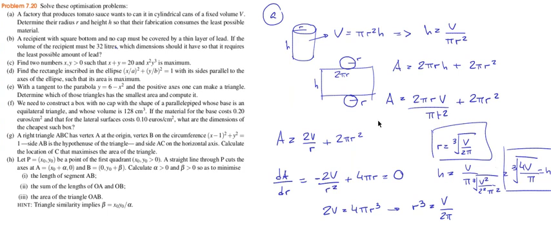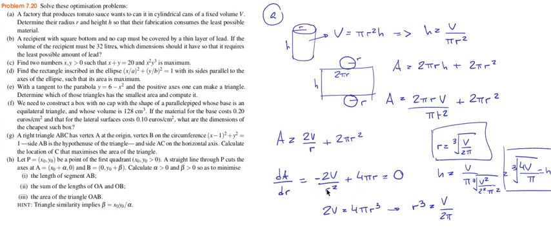Okay, you could think that this is not a minimum, this is just a maximum, right? But let's see, when r is very small, the derivative is actually negative, right?